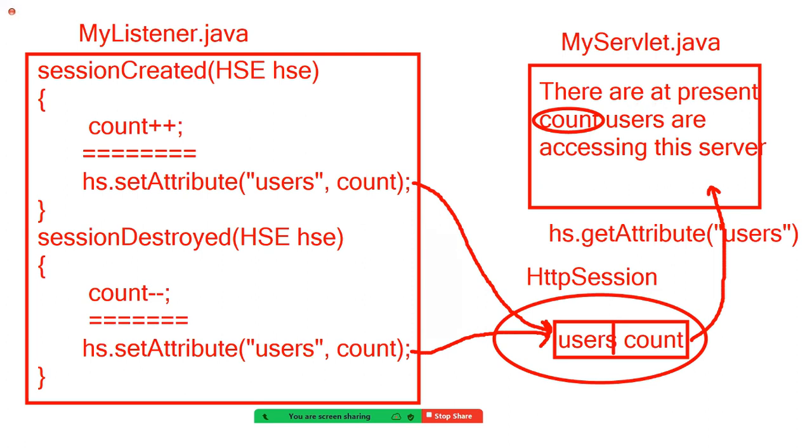But by default, when is the session vanished? After 30 minutes, automatically logged out, no? Then count minus minus is executed. Otherwise, I'll set a time interval of 1 minute or 2 minutes. After 2 minutes it automatically vanishes, then count minus minus is called. Then you'll get the exact latest count.